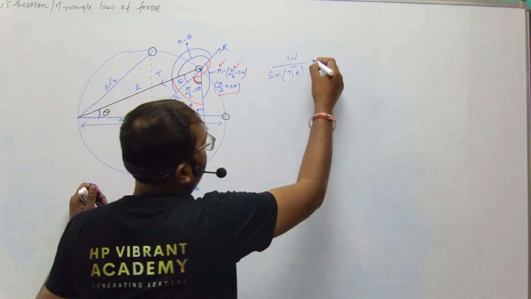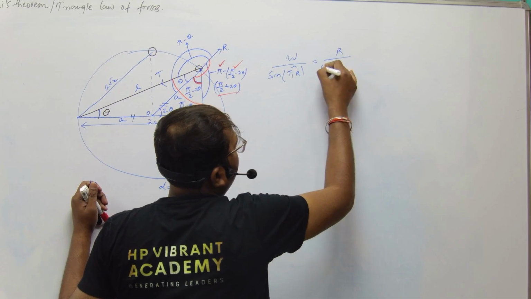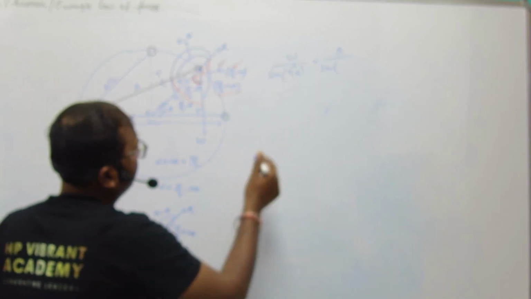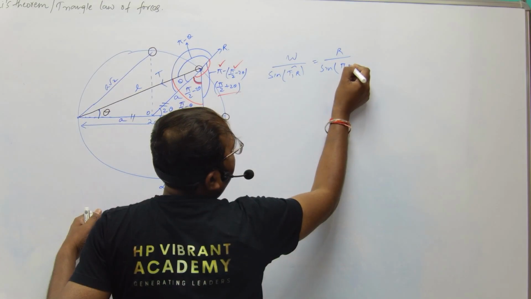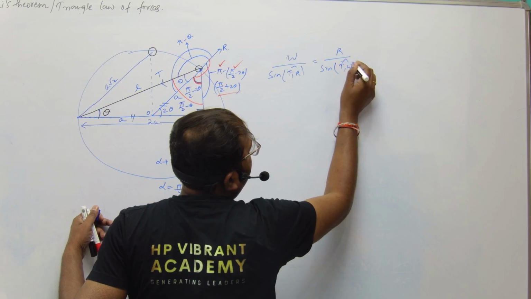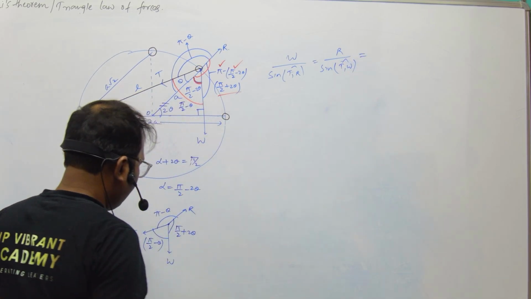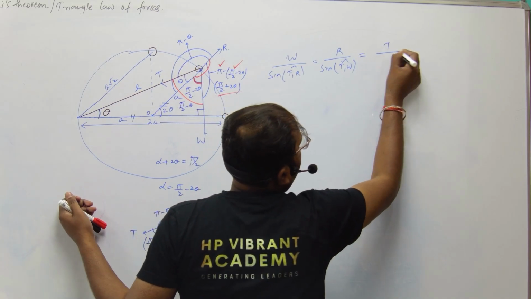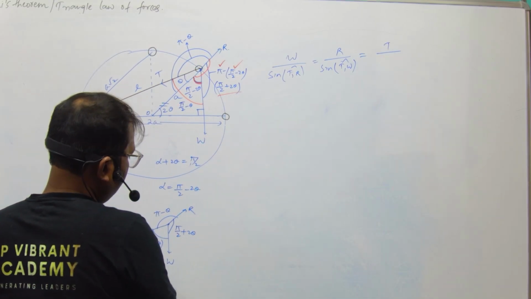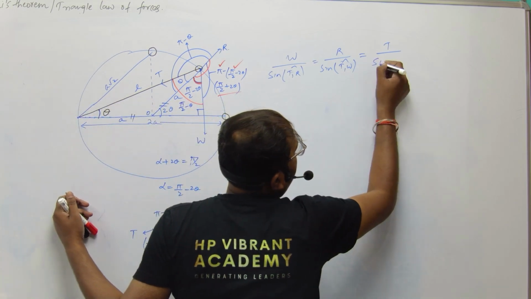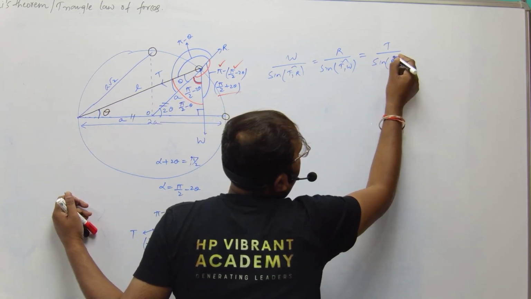Now we have R upon sine of the angle between T and W, is equal to T upon the opposite angle between R and W, sine of R and W.